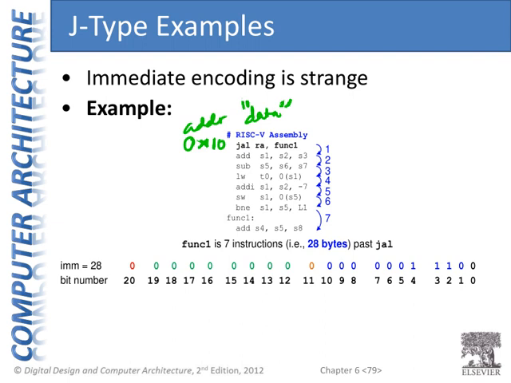So the address of that jump and link is 10, and then we have 14, 18, 1C, 20, 24, 28, and 2C.